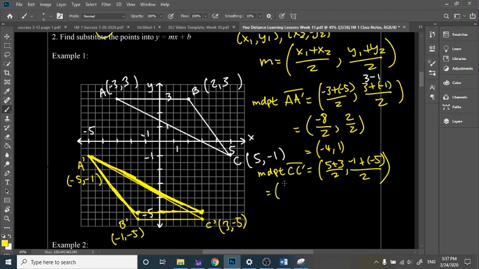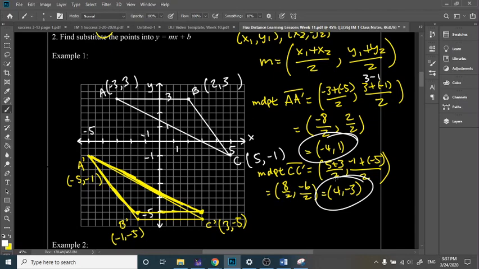We end up with 8 over 2. That's going to be -6 over 2. So we end up with 4, comma, -3. So the 2 points that we have are that.